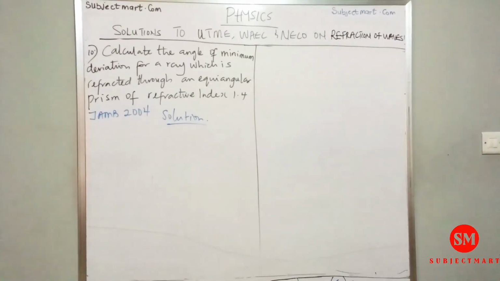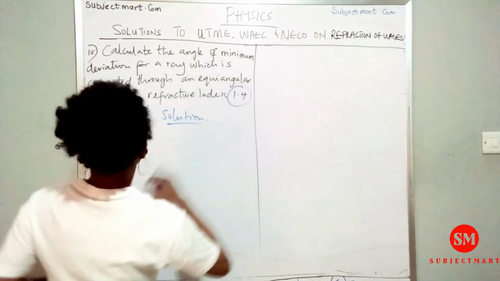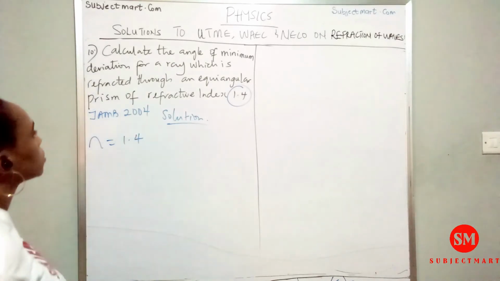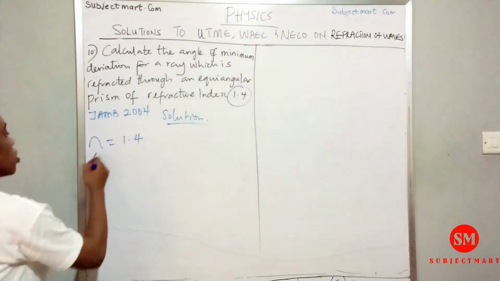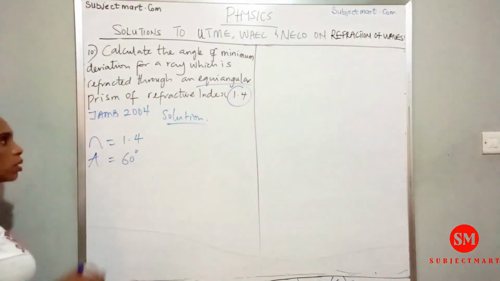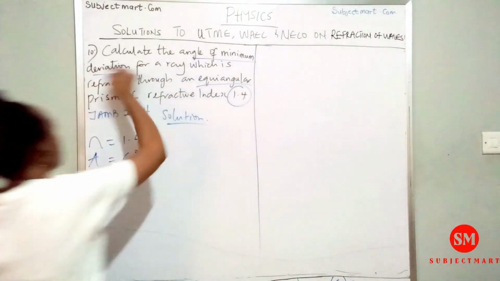Last question here says calculate the angle of minimum deviation for a ray which is refracted through an equiangular prism of refractive index 1.4. A, because it's equiangular, we have A to be 60 degrees. We are asked to find the angle of minimum deviation.